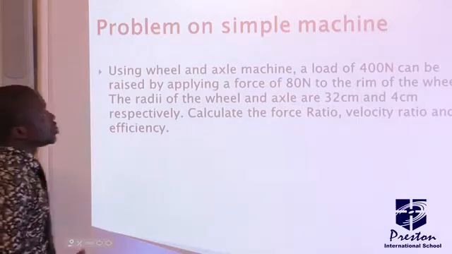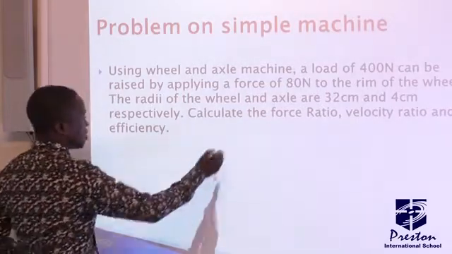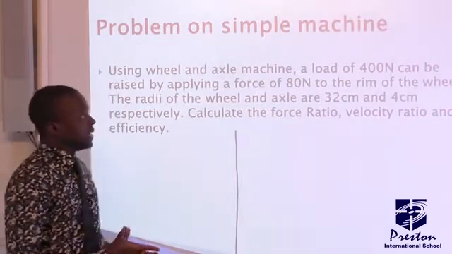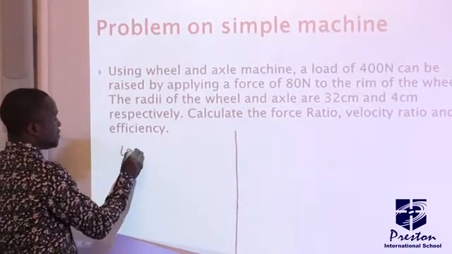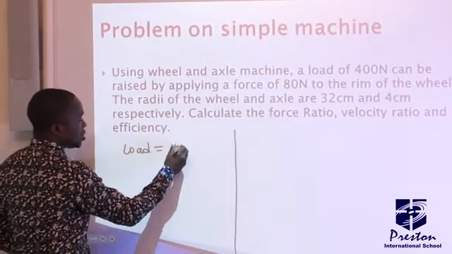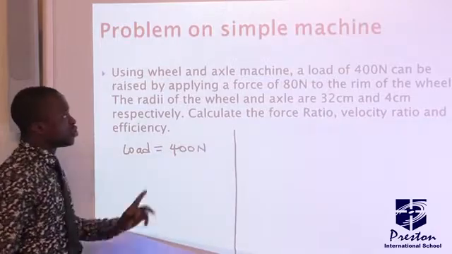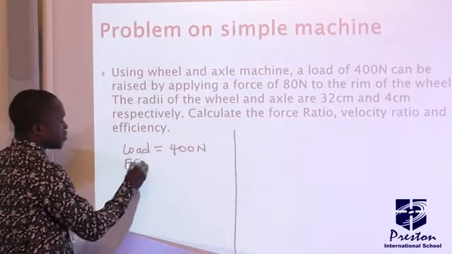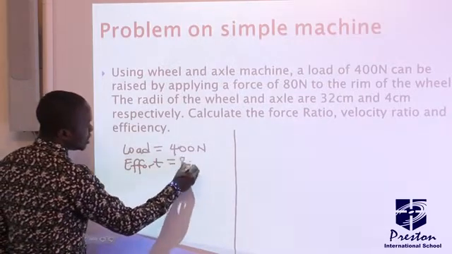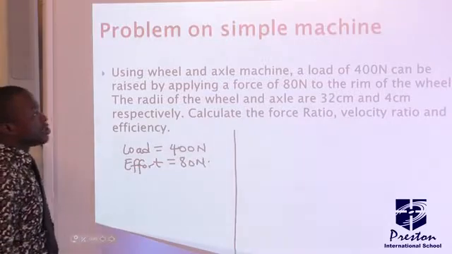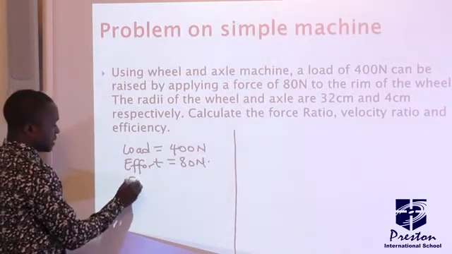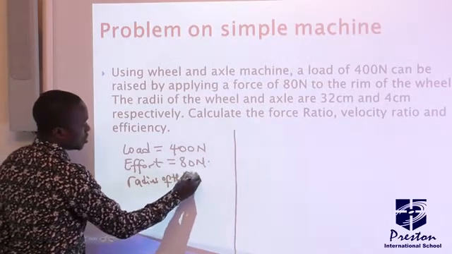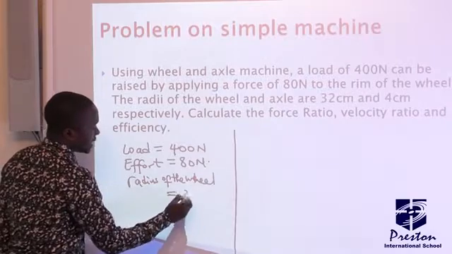Then let's look at a problem of simple machines. Let us solve this question together. Now, using a wheel and axle machine, a load of 400 Newton, the first thing to do in physics is to write out your parameters. So a load of 400 Newton can be lifted by applying a force of 80 Newton. That is your effort, the effort you are applying. That is 80 Newton. Then the radius of the wheel is equal to 32 centimeter.